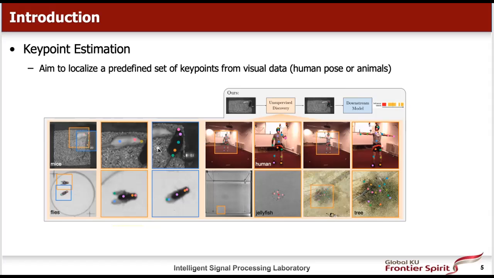For example, the first one is the mice, and the right one is the human, and the next is the mice and the jellyfish and the tree. And in this work, our task is to discover the key points from the videos without using any manual annotations during the training phase.